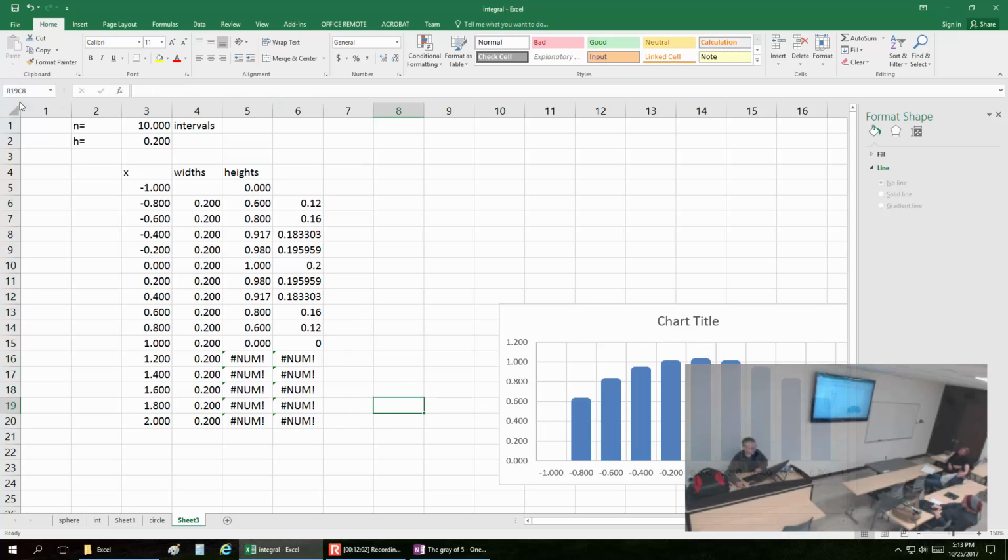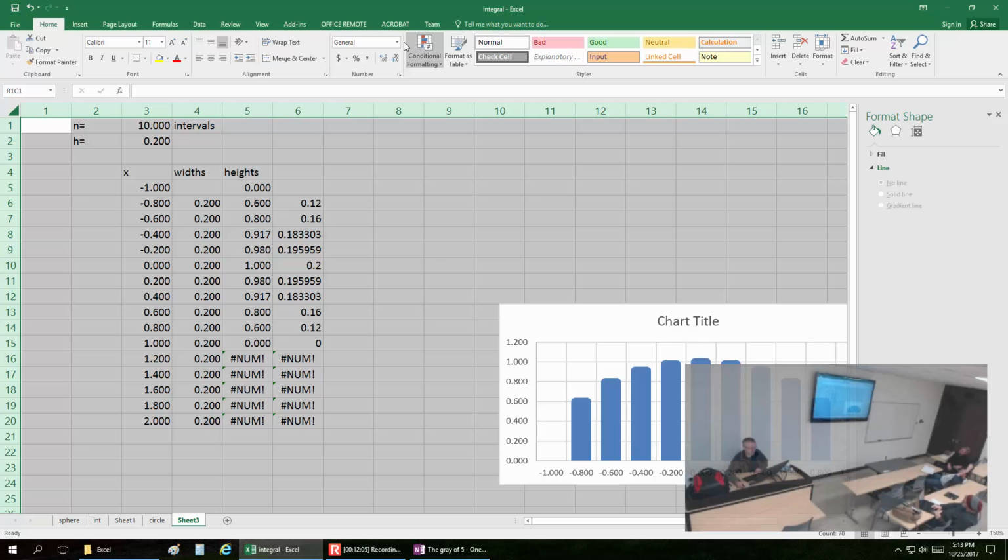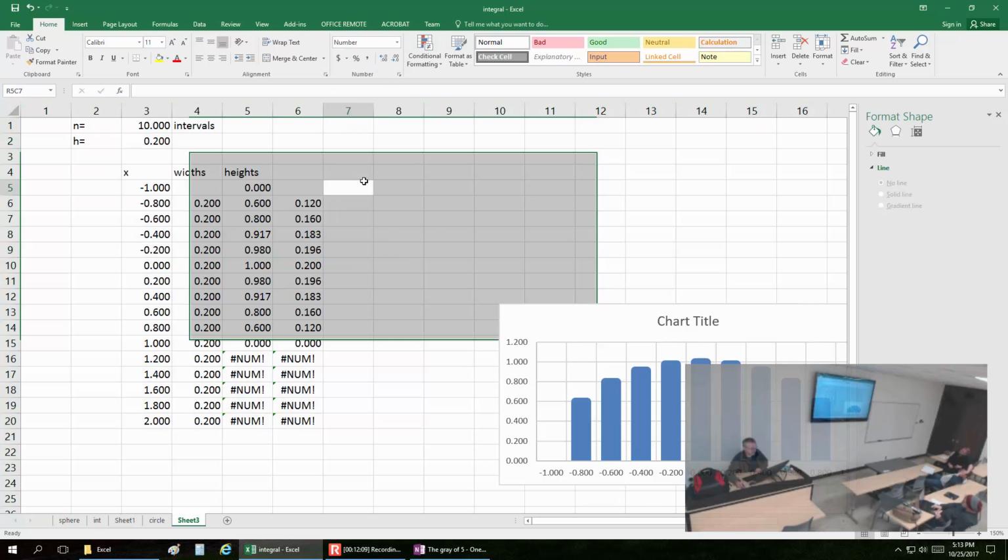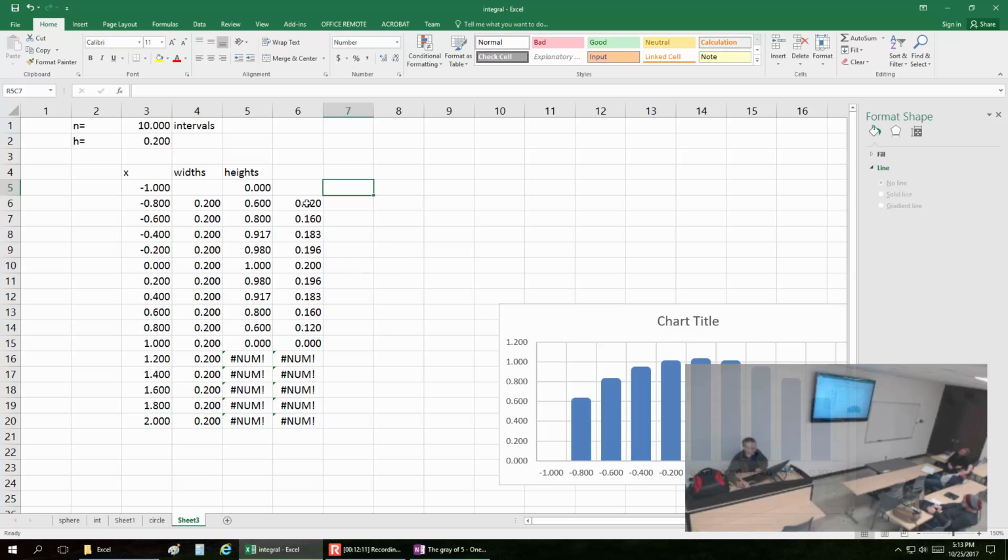These are the heights. So these are the areas here. It remains just to add them together, and that's uncomplicated. I'll put it over here. So the area approximately is the sum of these above.